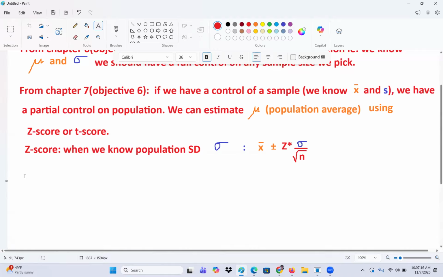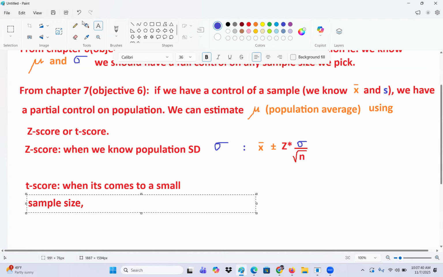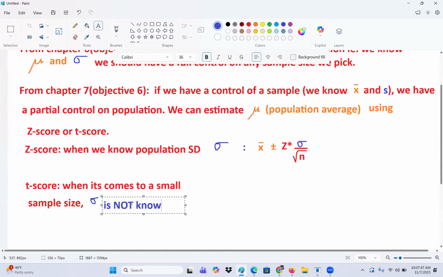And then when we have a very small sample size, and especially when the population standard deviation sigma is not known, we have to use S, the sample standard deviation.